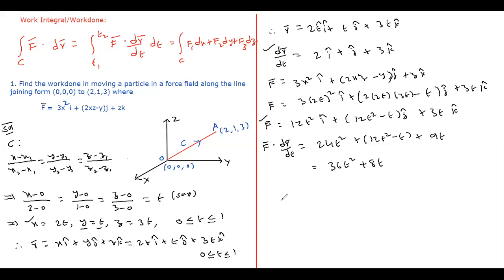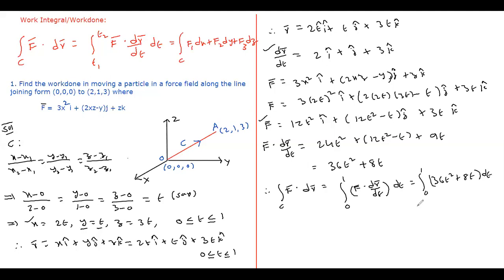Therefore, what is your integration? Integral over c f bar dot dr bar is the integral over t1 to t2. What is t1 to t2? 0 to 1. I'll write one more step: 0 to 1 f bar dot dr bar by dt. So this is 0 to 1 of 36t square plus 8t dt.